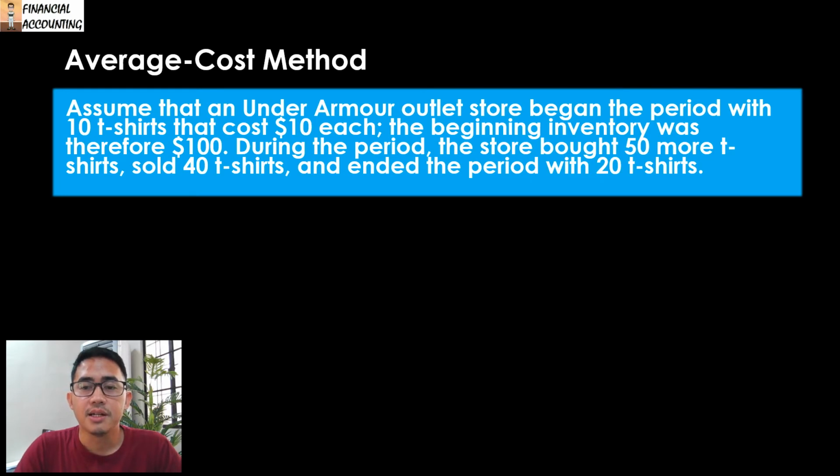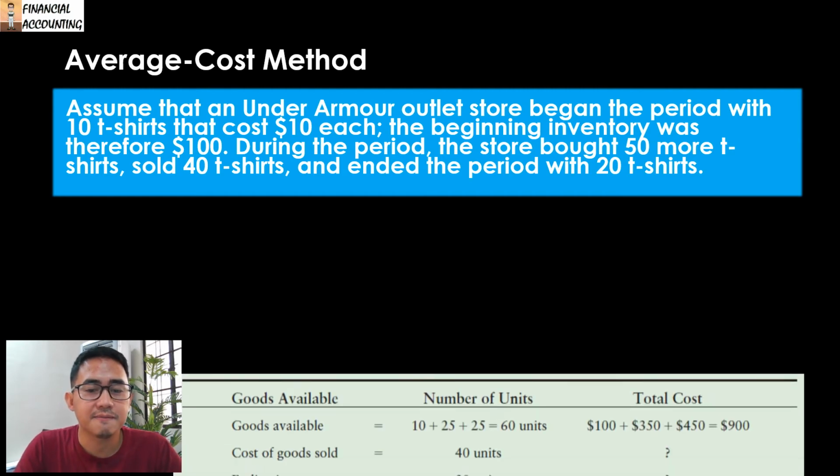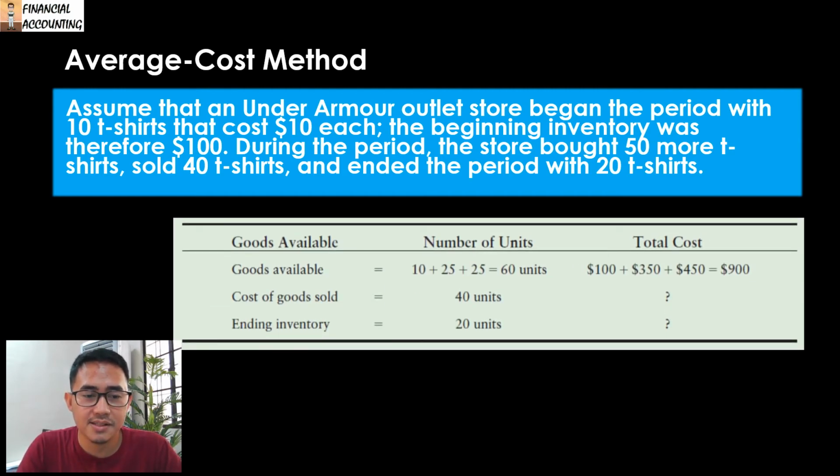During the period, the store bought 50 more t-shirts, sold 40 t-shirts, and ended the period with 20 t-shirts. So the beginning is 10 t-shirts, then there are purchases of 50 t-shirts and you sold 40 t-shirts, meaning your ending balance is 20 t-shirts. Okay, so that is the illustration.